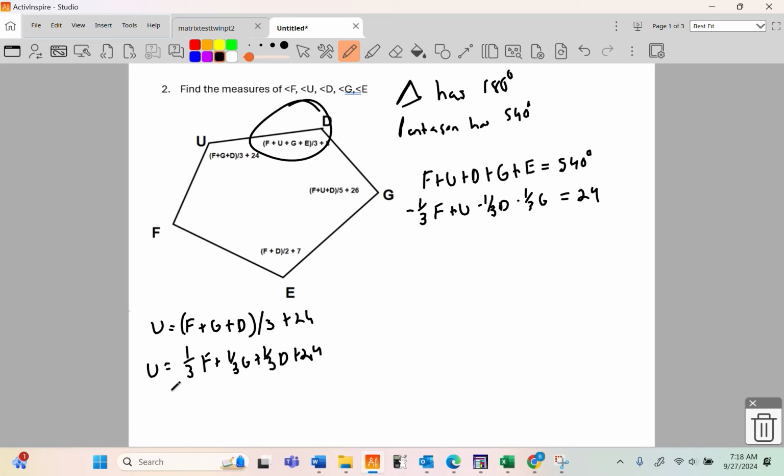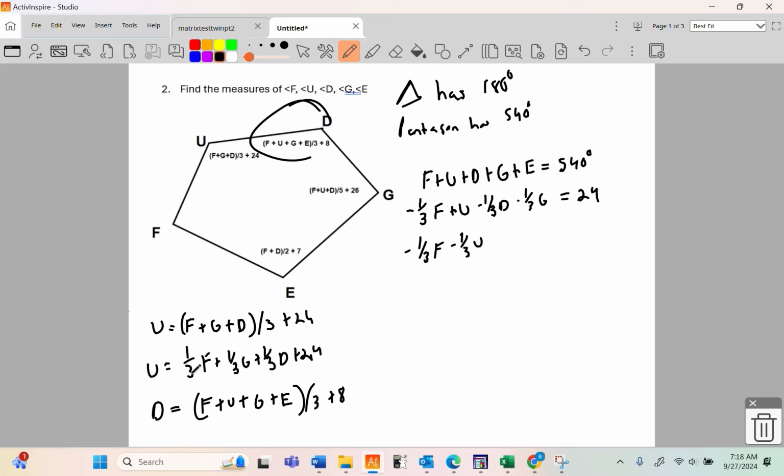I didn't talk about angle D. Angle D is (F plus U plus G plus E), also divided by 3. I think it's plus 8 though, isn't it? Plus an 8. So kind of the same procedure here. I would move that third of F over, it's negative. I would move that third of U over, it's negative.